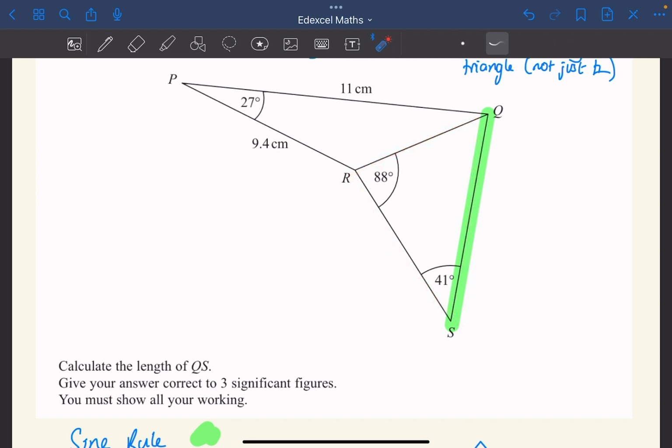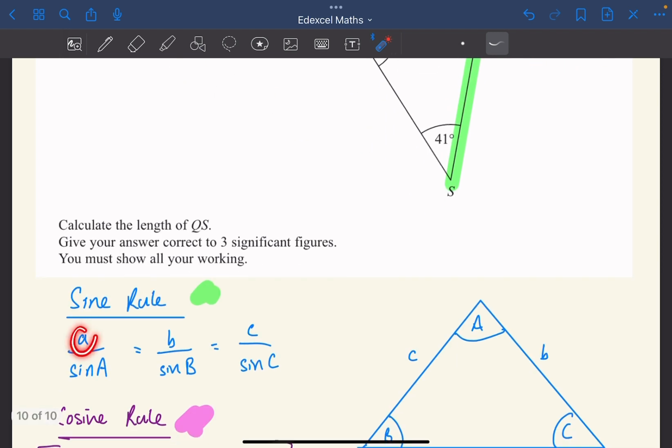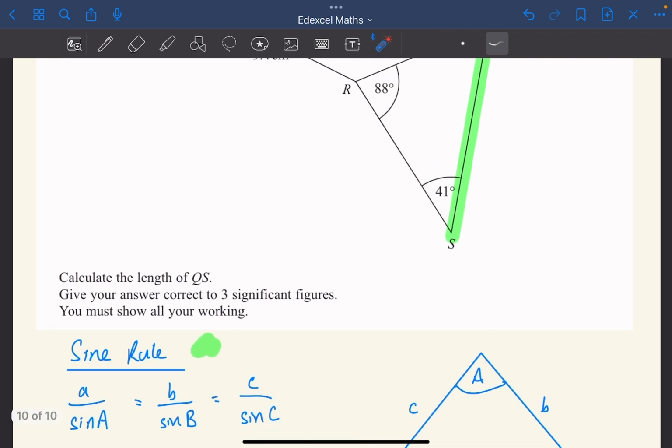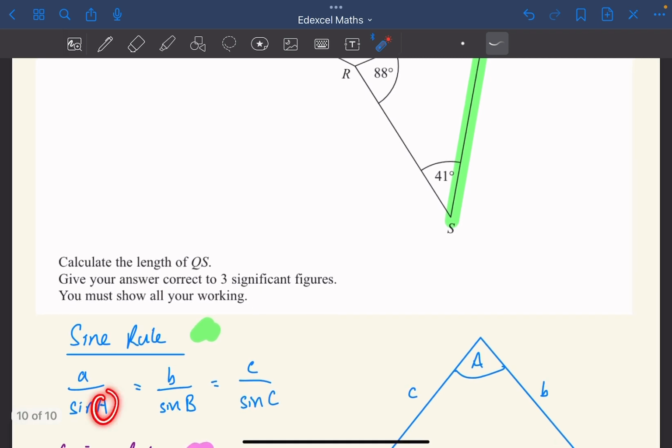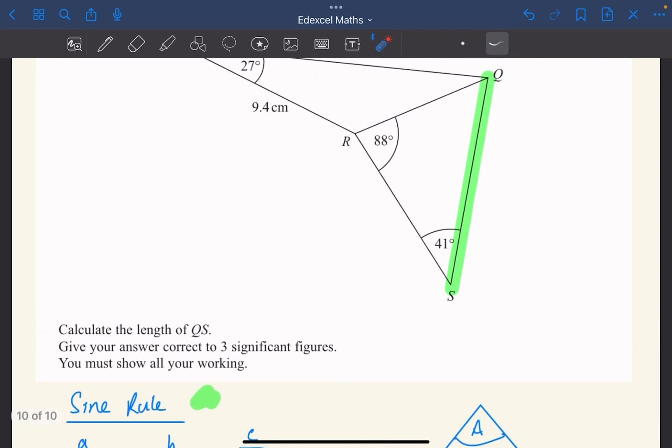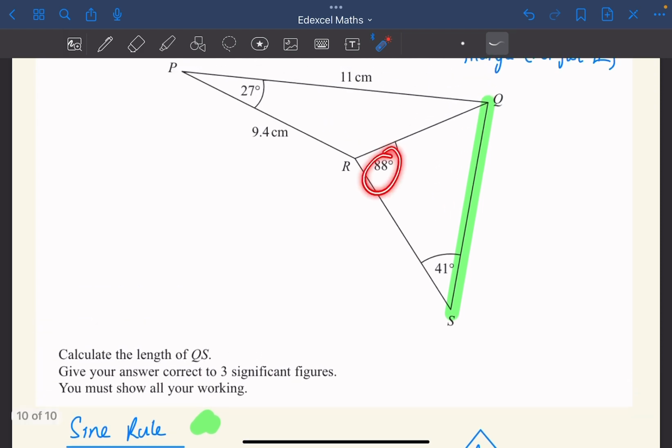Well, not really, because we don't know any of the sides. You need to know two angles and a side to find a side. We've got two angles, but we don't have a side.